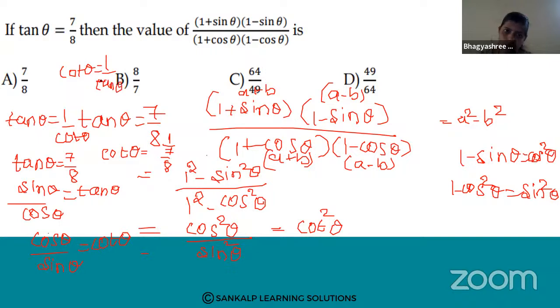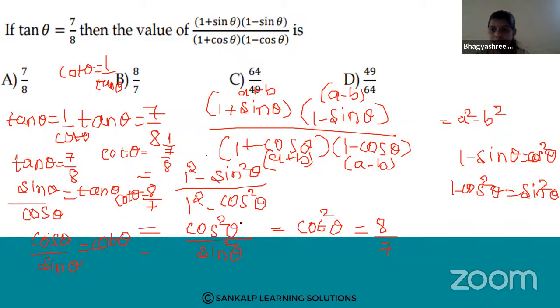We know the value of tan theta, that is 7 divided by 8. So 1 divided by 7 divided by 8 is cot theta. Transfer this 8 to this side, it becomes 8 divided by 7. Therefore, the value of cot theta is 8 divided by 7. So cos theta divided by sin theta is 8 divided by 7.